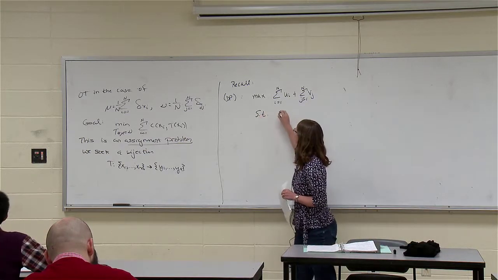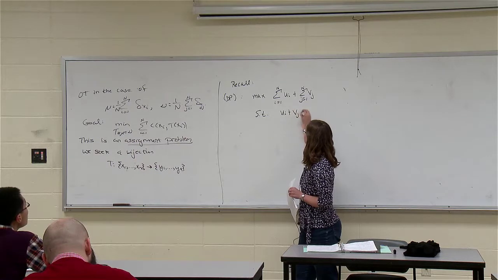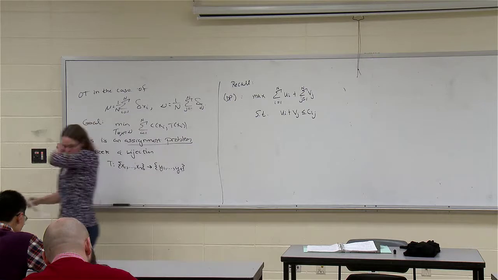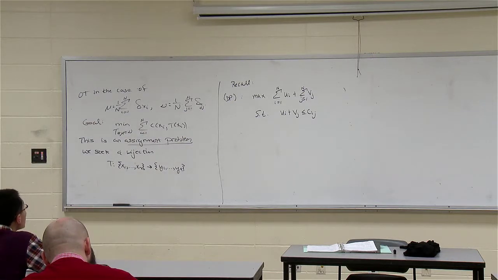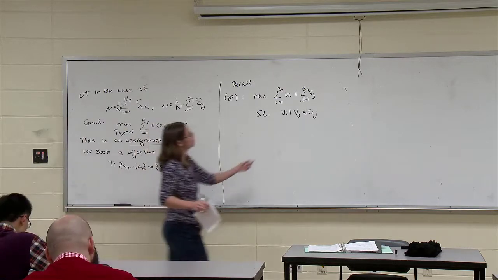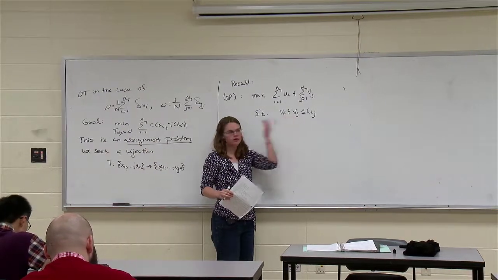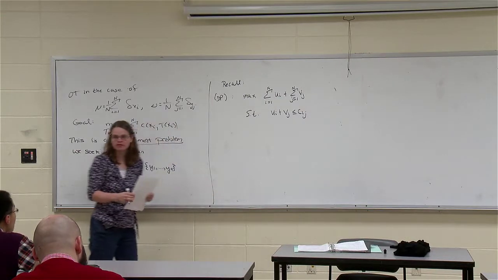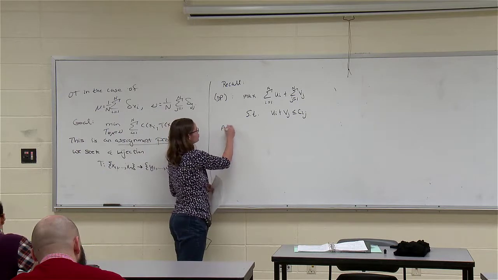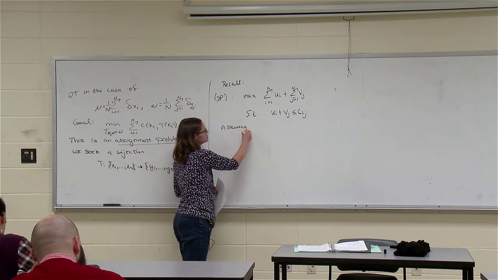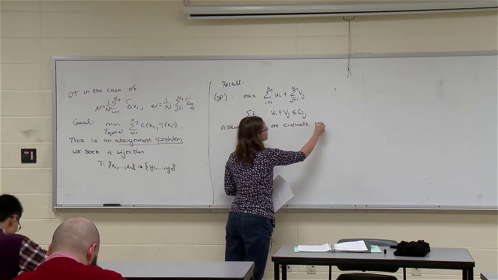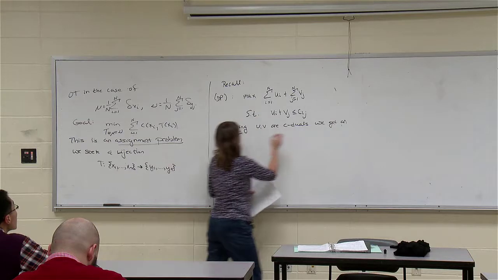Now our constraint involves the cost function. And we know that the optimal solution of this will be a c-dual pair u and v. So if we assume that u and v are c-duals, we can write this as an unconstrained problem.